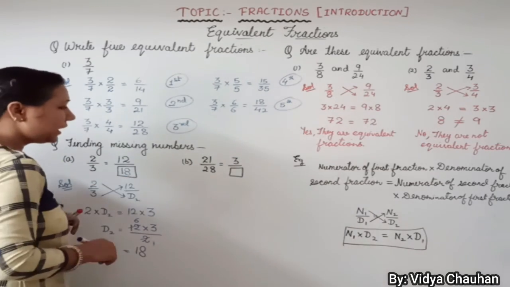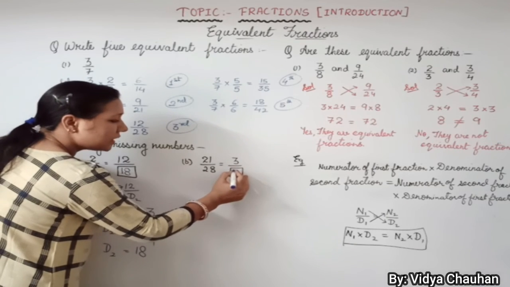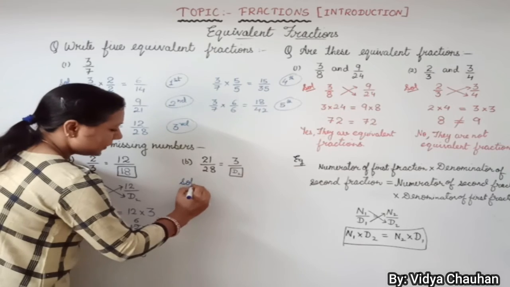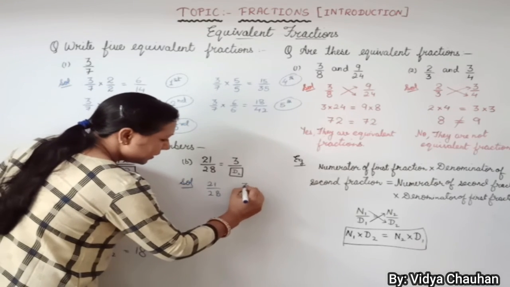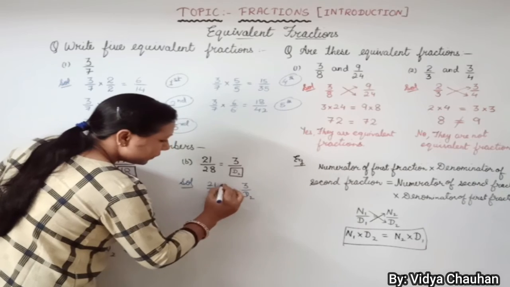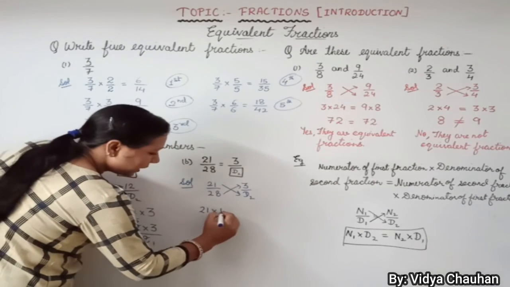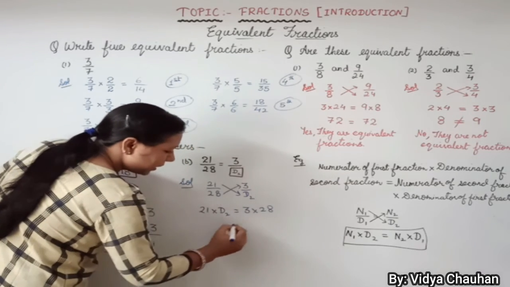Similarly, let's take one more example here, and once again you have to find the missing digit here, which is in the denominator itself once again. So the solution will begin like this: 21 upon 28, 3 upon d2. Once again cross multiply the term, so that will be 21 multiplied by d2 equals to 3 multiplied by 28.